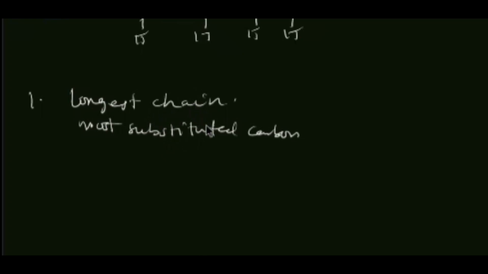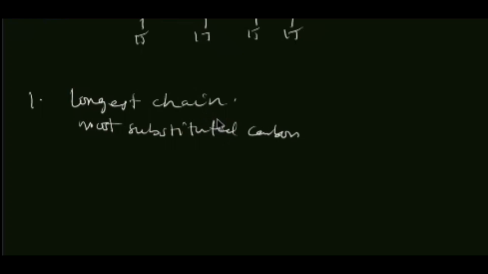All this is done in order to reduce the number, that is the location of our substituents. So the locant number should be as low as possible. So we always choose the longest chain with the most substituted carbon or functional group.